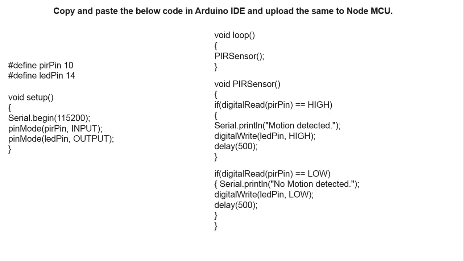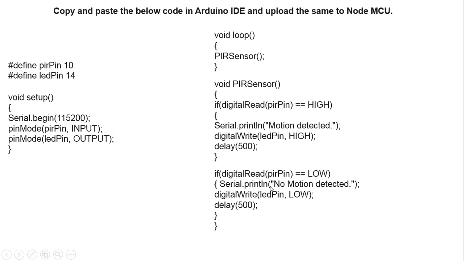If there is no motion, then digitalRead, which indicates an input, on the PIR pin, which is connected to pin number 10, works as an input, and that's why we write the statement as digitalRead. So if PIR is equal to LOW, it means there is no motion in front of the PIR sensor.